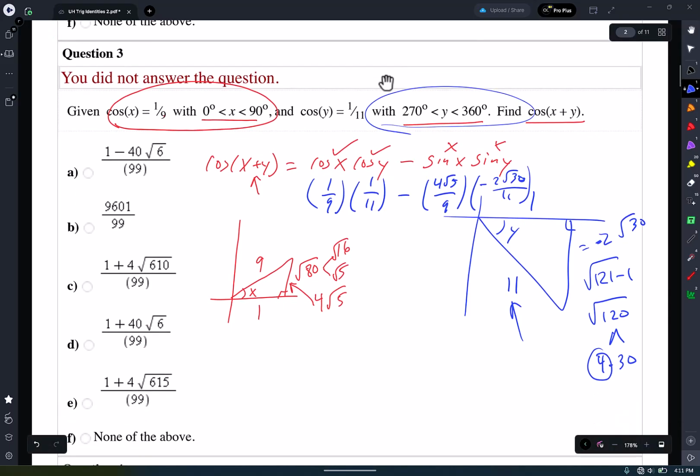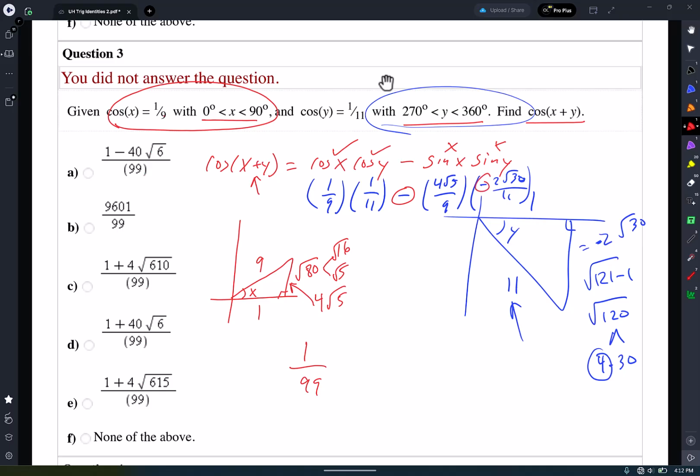All right, let's see what that is. 9 times 11 is 99, so 1/99. Negative times a negative is a positive, so plus 4 times 2 is 8, square root, and then 30 times 5, I believe that's 150, because 3 times 5 is 15, so 150, over 99.